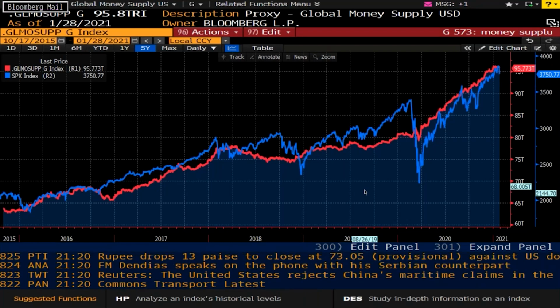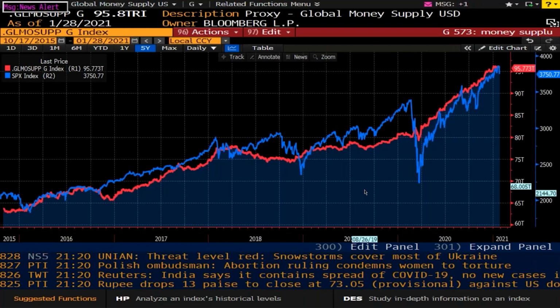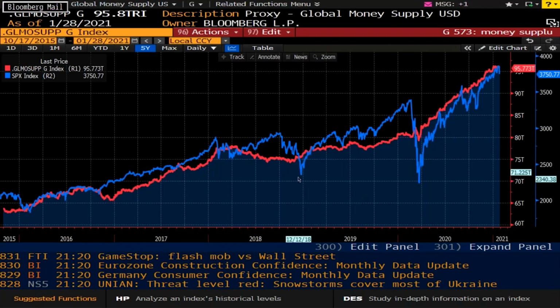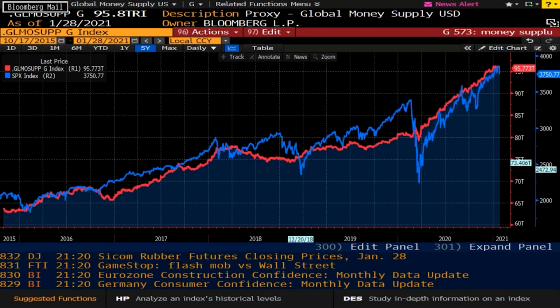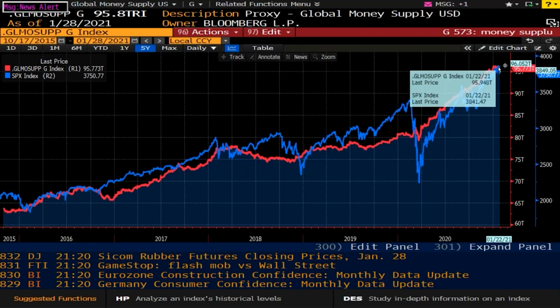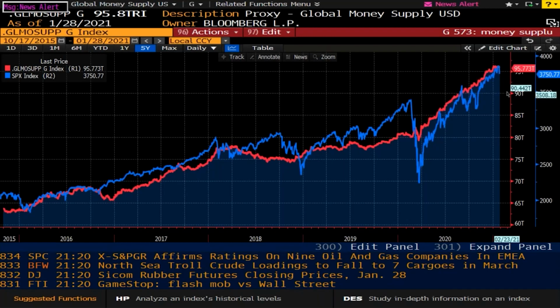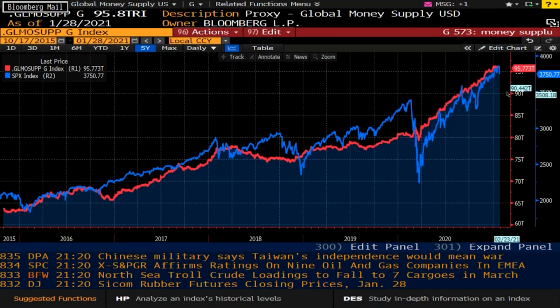I think the correlation speaks for itself. The question is, will that correlation break down? You can see through periods of 2018 it pulls away, then it mean reverts and overshoots, and you saw that again in February. But at the moment, the money supply, the red line there, is continuing to push higher. And as long as that continues to push higher, I think risk will do pretty well.